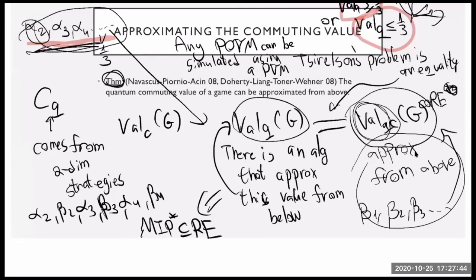Okay, so any correlation that comes from a POVM can be simulated using a projective valued measure on a potentially larger Hilbert space. But if the first Hilbert space was finite dimensional, the new Hilbert space is also finite dimensional. So you can actually use only PVMs, okay? Only projective valued measures. This is not a triviality. There's something to show there.